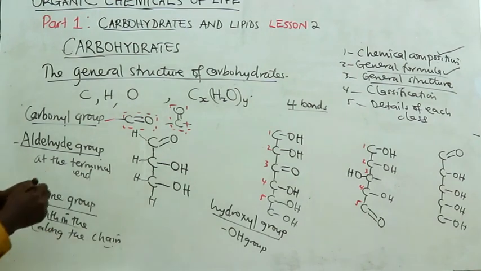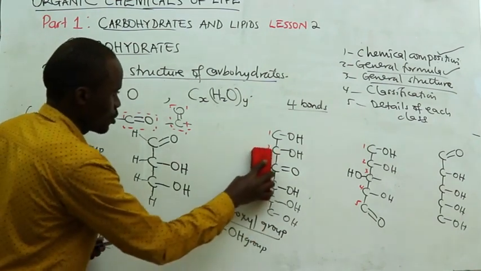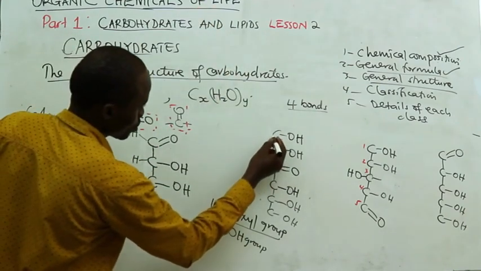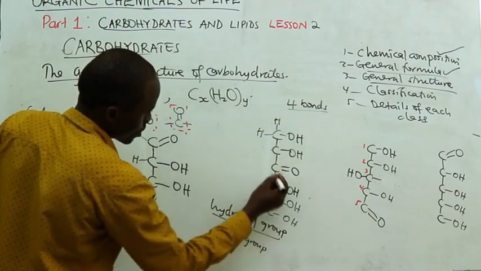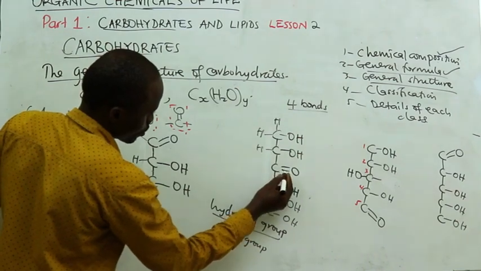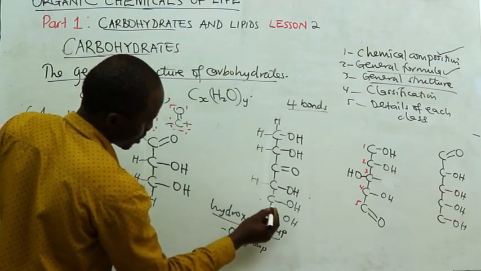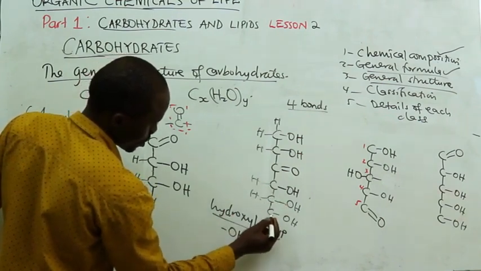So just satisfy the rest using hydrogen atoms. This one has 1, 2. I put a hydrogen atom there and here. 1, 2, 3, 4. That one is satisfied. 1, 2, 3. I put hydrogen here.